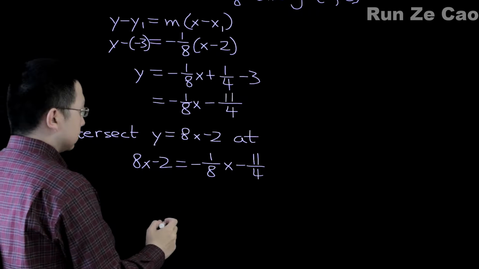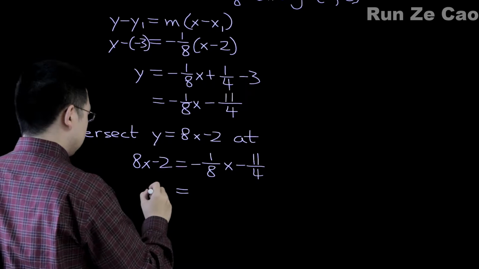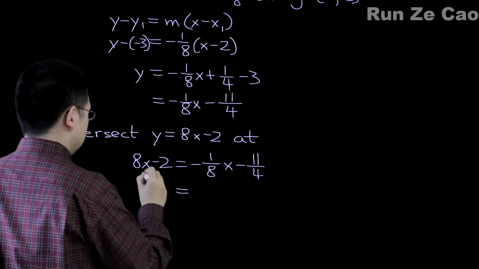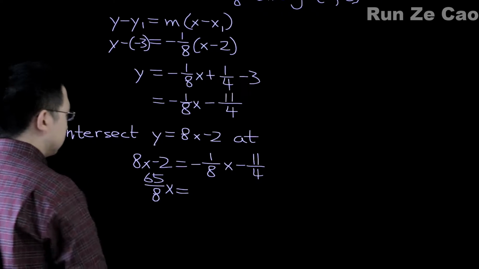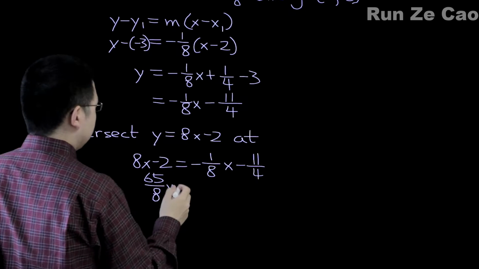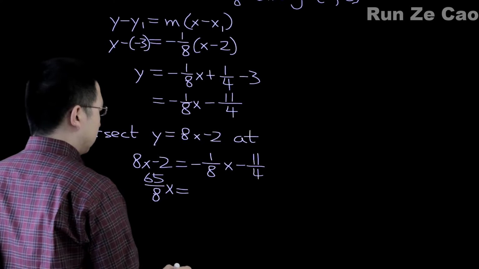So this here is then 65/8 x and -2 minus 11/4.